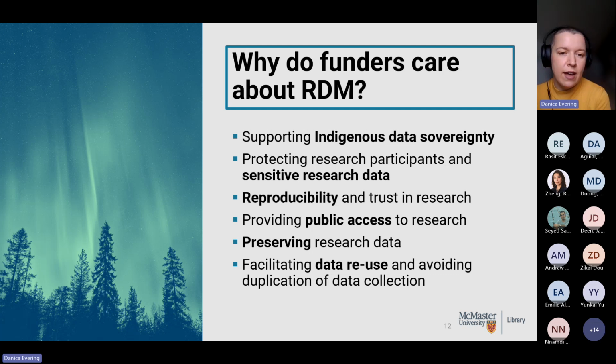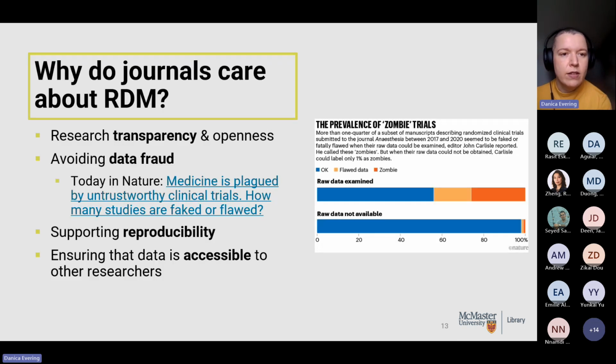Preserving research data is also important, so that we're not recreating the same data over and over again. And then also, like I mentioned, facilitating data reuse. Journals have similar but slightly different requirements. They are more interested in research integrity and avoiding data fraud. And so RDM practices really support principles of transparency and openness.